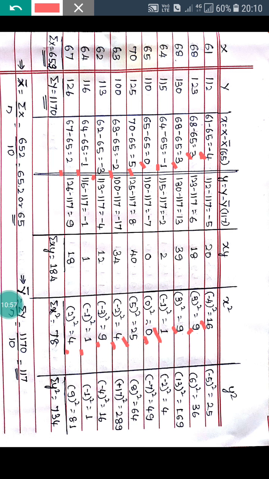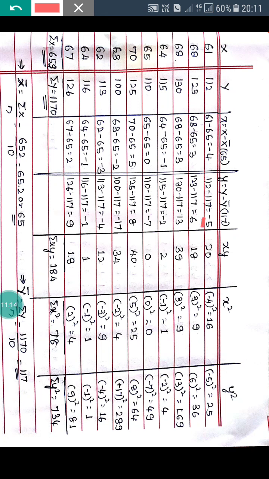Totally we are having summation x square value is 78. Now same we are moving for y square. Now we are getting here y value. Now you should multiply.